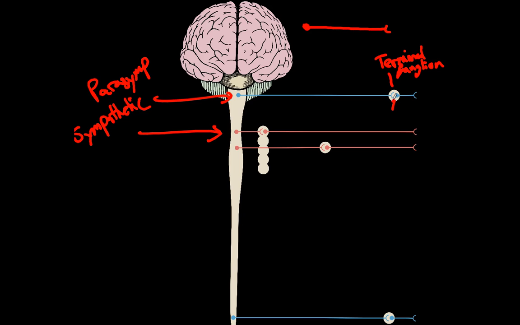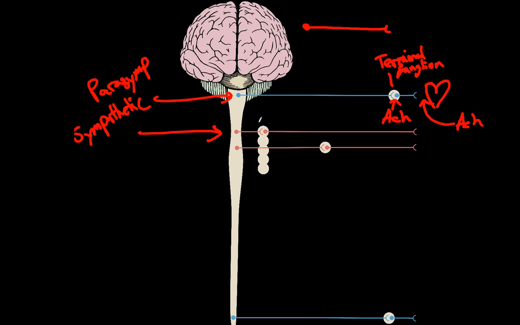The neurotransmitter used in the ganglia of the parasympathetic nervous system is acetylcholine. Out here at the very end, this will be synapsing onto something like the heart, and controlling that. The neurotransmitter used here at the very end, to affect whatever effector organ it's supposed to be doing something to, is also acetylcholine. So both the ganglionic and the terminal neurotransmitter are acetylcholine in the parasympathetic nervous system.